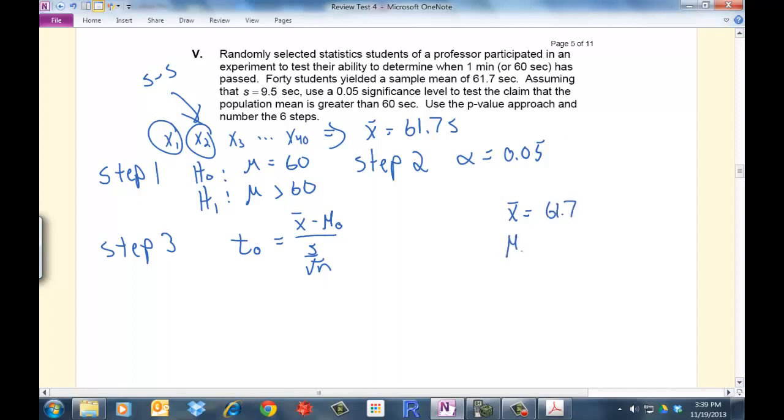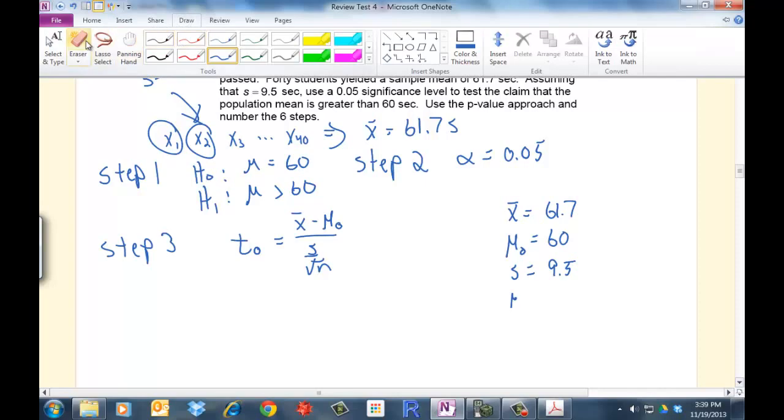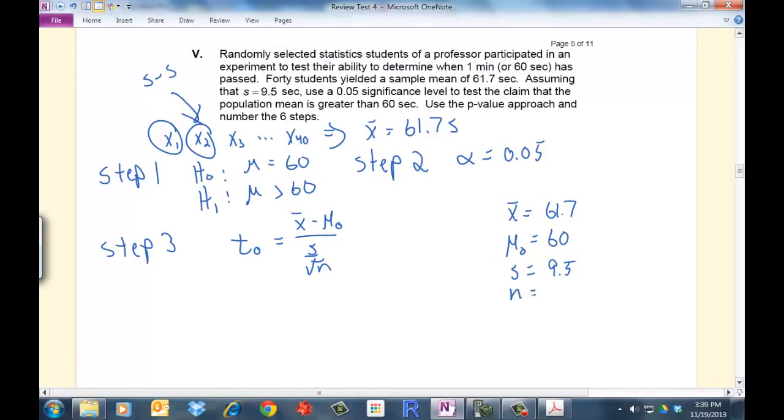And mu 0, the population mean, what we think it should be, or what we hope it is, is 60. And the standard deviation of our sample is 9.5, and our sample size is 40, the 40 selected students.